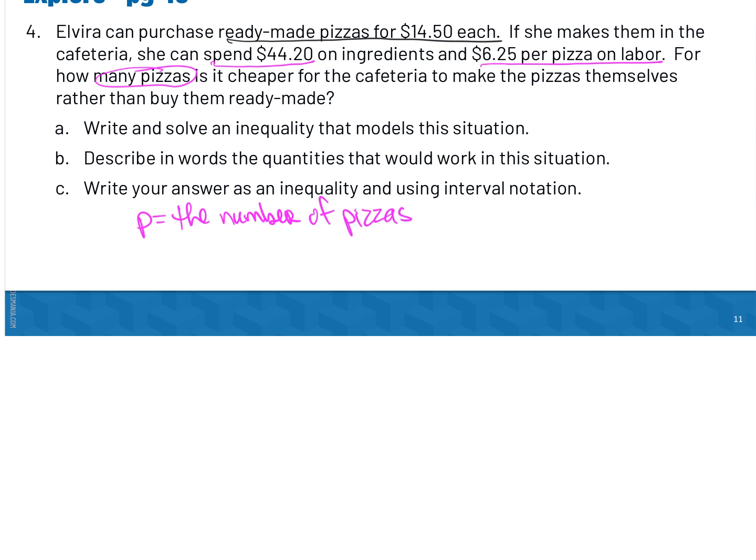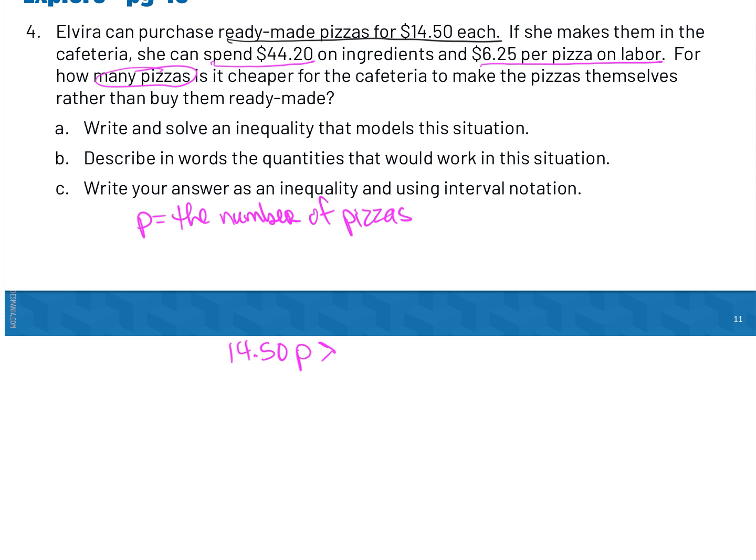So I can either do $14.50 per pizza, right? And then we want to figure out when making one is less than the $14.50 per pizza. So we have $14.50 per pizza, that is the store-bought.